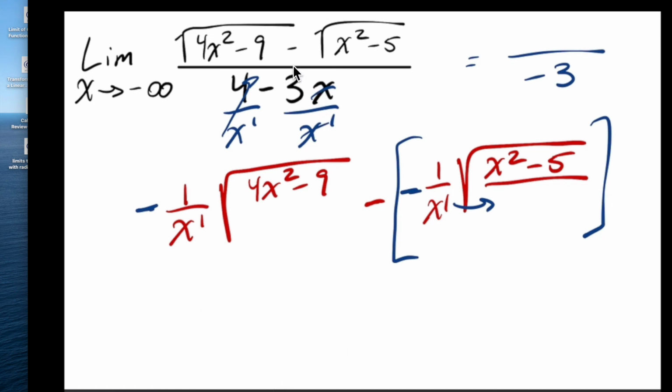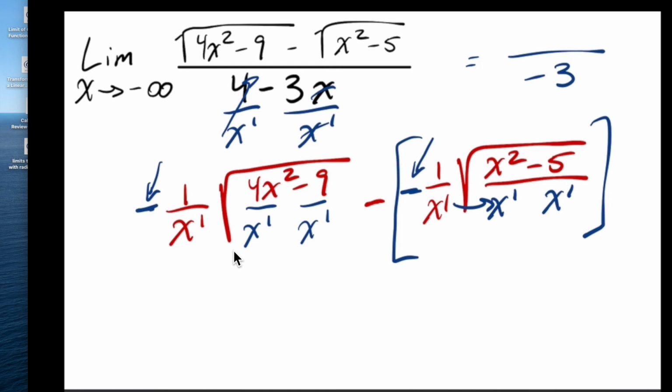This red negative is the original negative that was presented in the problem. These negatives were inserted due to the fact we are dealing with negative inputs in this domain, and we are bringing an odd exponent into an even root. Okay, so this is going to involve having x to the first inside the radical.